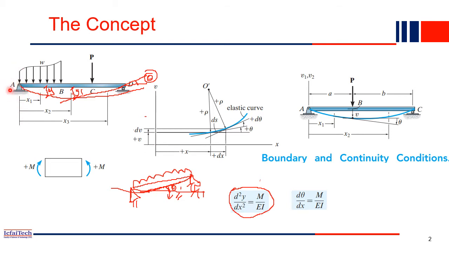There is no moment reaction in the hinge end support. So the deflection will start from the support itself. Here the deflection is 0, but the slope starts from here itself. So at the support, the slope is not 0. If you draw a tangent at this point, you will still get some value, very high slope maybe.